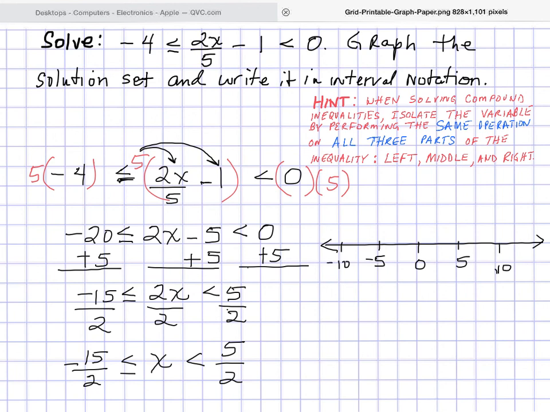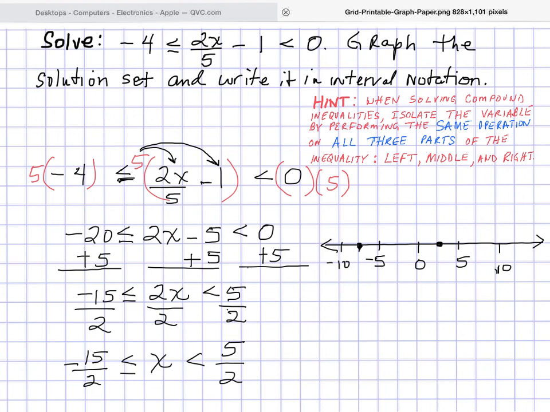You can label a number line any way you want to, as long as you label it, okay? You can skip numbers, you can do it however you want. Let's see. So negative 15 over 2 is negative 7.5. So that's somewhere around here. 5 halves is the same as 2 1/2, so that's roughly about here.